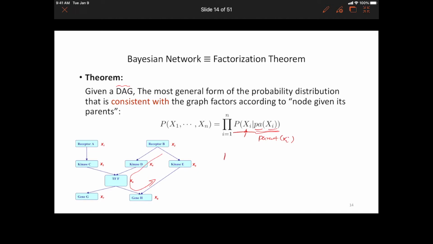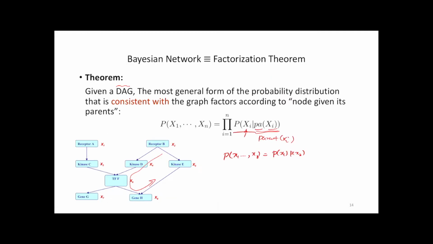As you see, I have 8 random variables here, and I can write it as a set of factors. So the first factor would be x1 because it doesn't depend on anyone, and also x2. It also does not depend on any other random variable.